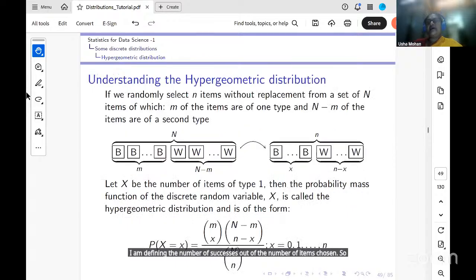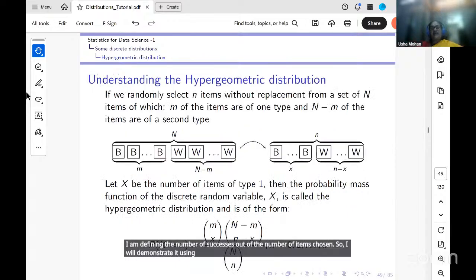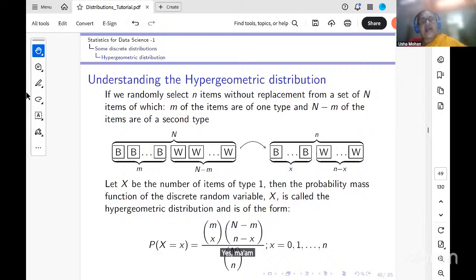So I will demonstrate it using this graph. Suppose I have n items totally. The total number of balls is n, of which I have m which are blue and n minus m which are white. In the earlier case, my total number of balls was 7.